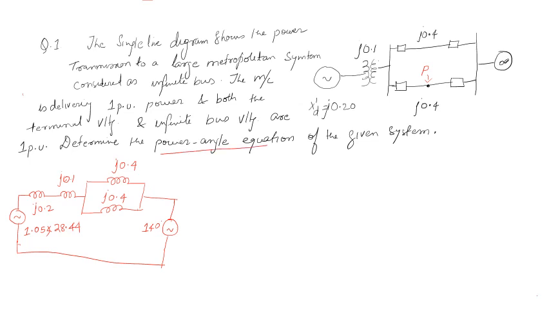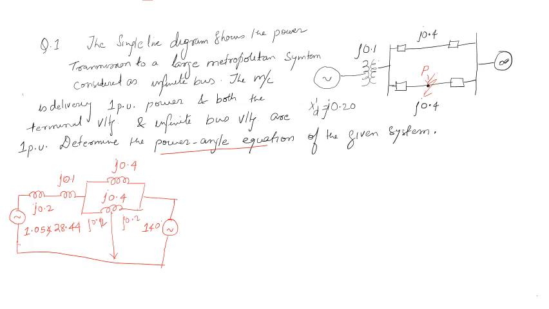There is a 3-phase fault occurring at point P. If a 3-phase fault occurs at the middle of the line, half of the reactance, j 0.2, goes this side and half of the reactance, 0.2, comes this side.